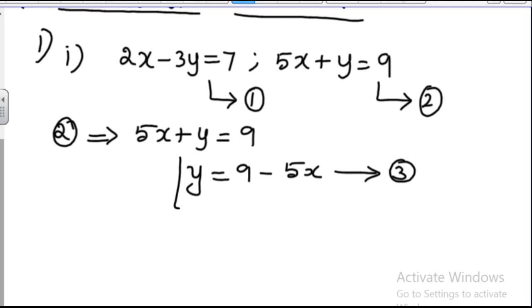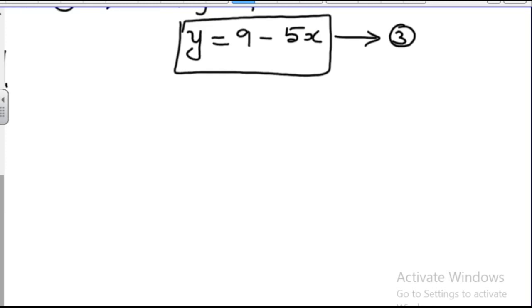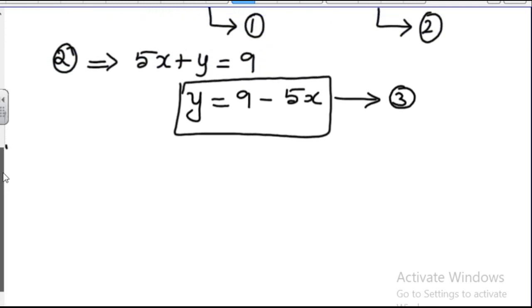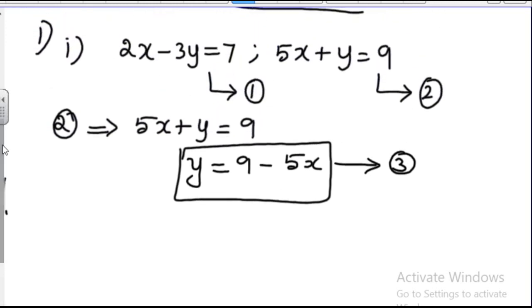This y value you are going to apply in equation number 1. So what do you get in equation number 1? 2x minus 3y is equal to 7.